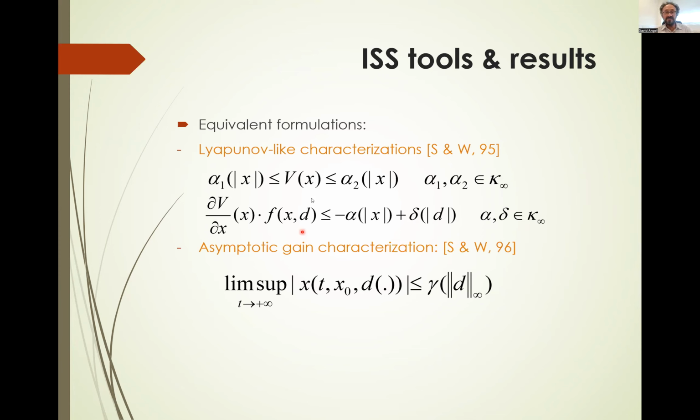You can characterize input to state stability by looking at Lyapunov-like dissipation inequalities, where your Lyapunov function is sandwiched between two K-infinity functions of the state norm, alpha 1, alpha 2. And what you ask is that, for instance, V dot is less than or equal to minus alpha of the norm of x plus delta of the disturbance d.